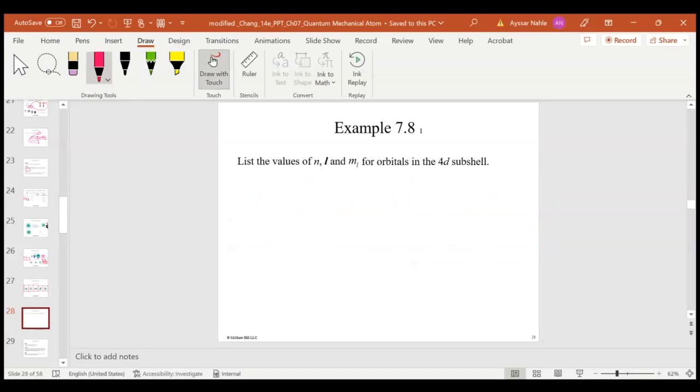Now, list the values of N, L, ML for the orbital in 4D. You have 4D, right? That's a 4D. 1, 2, 3, 4, and 5. We want to find the N, the L, and the ML.